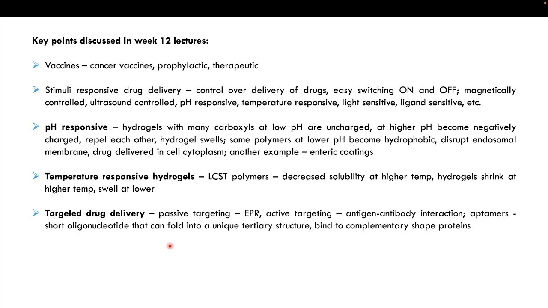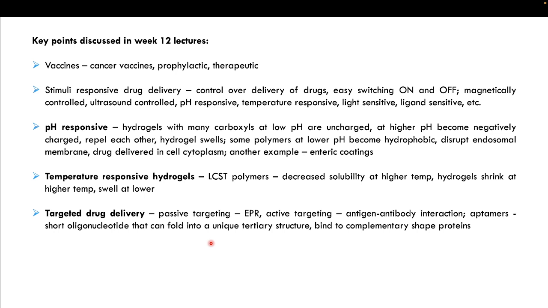Now these 3D structures are very specific to a particular kind of protein. So you can synthesize aptamers the way you want them. Let's say you have a protein and you want an aptamer that has a shape complementary to this protein. You can then synthesize this.